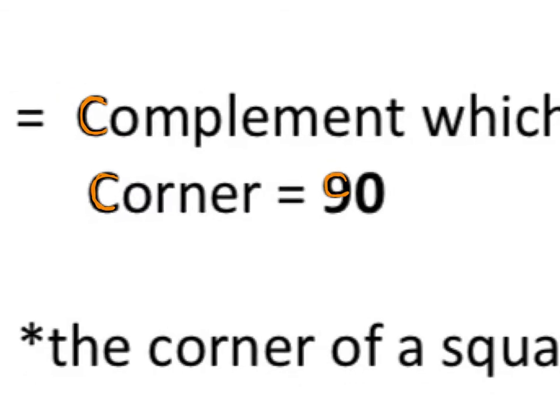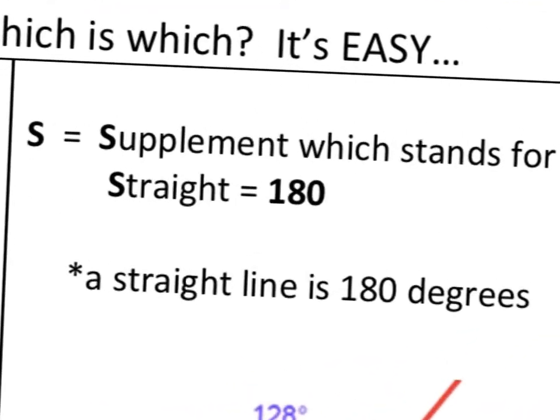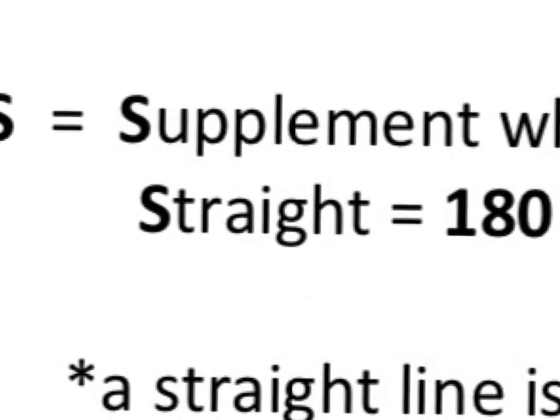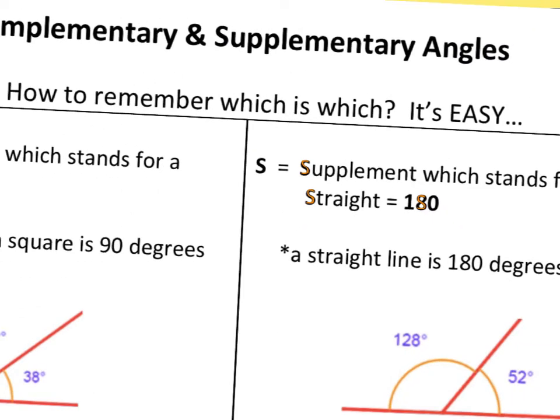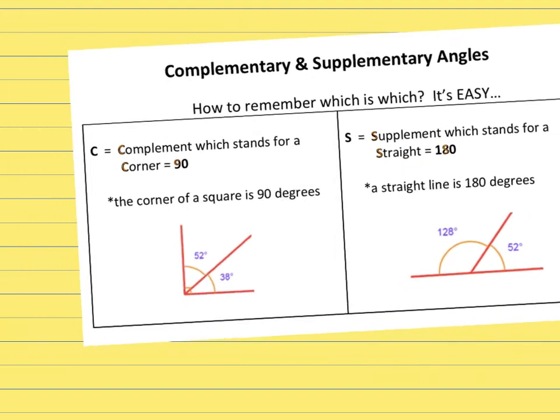Then if I do the same thing, I could come over to S for supplementary. If I zoom in super close, I can trace over the S in supplementary. Again, straight also starts with an S. But if I trace over the 8, I could form an S inside the number 8. So that's one way that some people might find a fun way to do the 90 and the 180.